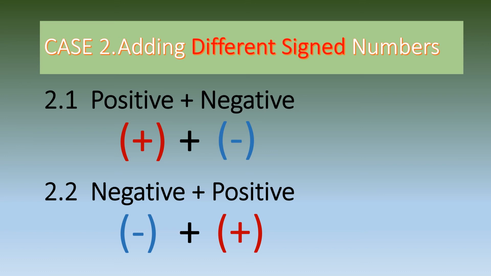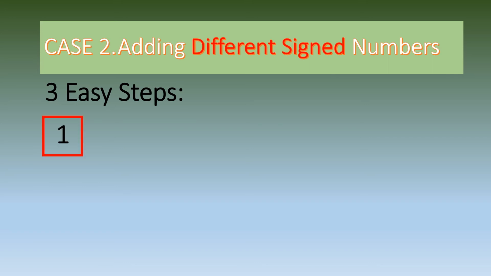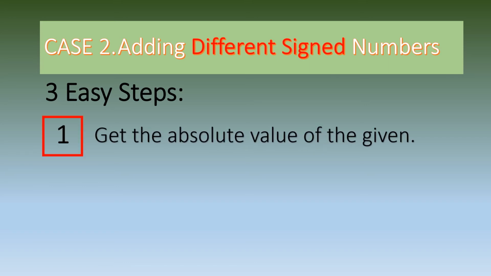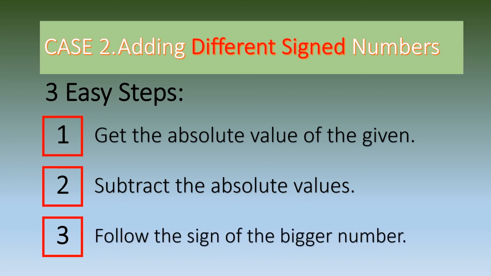How do you think we can add these different signed numbers? Just follow these 3 easy steps. Step 1, get the absolute value of the given. Step 2, subtract the absolute values. Step 3, follow the sign of the bigger number. Are you now ready to try this?